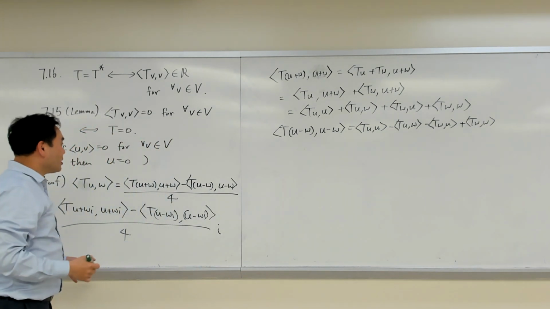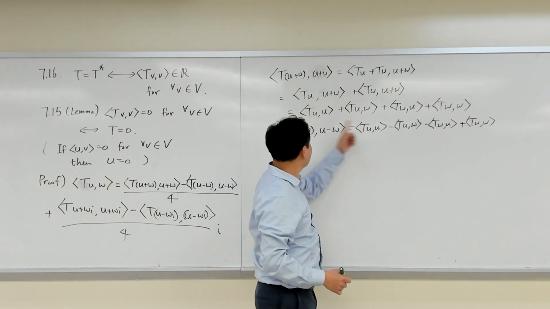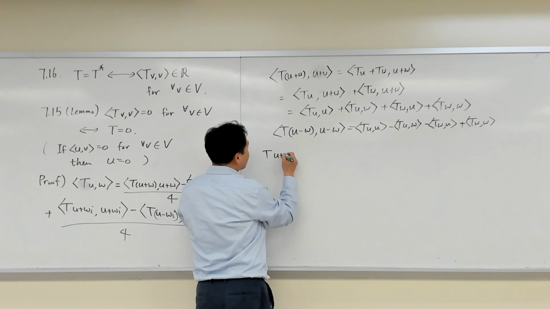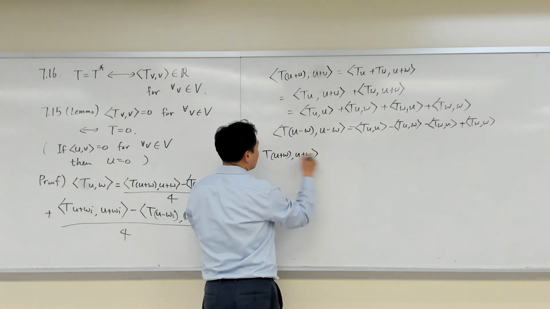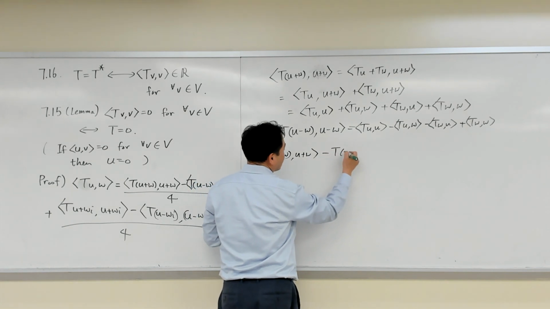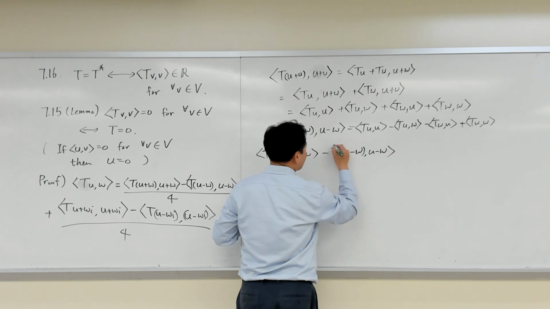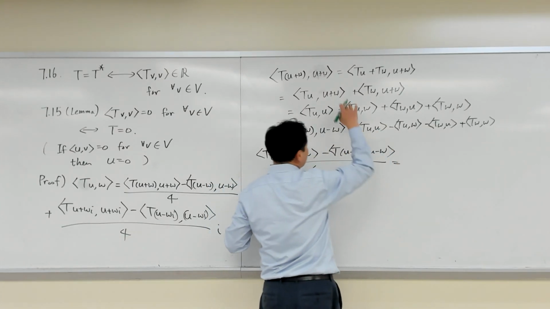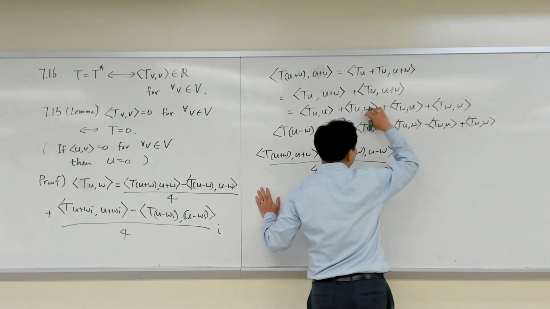And now you're subtracting the two, so let's subtract this minus this. So if you have <T(u+w), u+w> minus <T(u-w), u-w> over 4, you subtract this minus this, so these two cancel, but these two double, right?